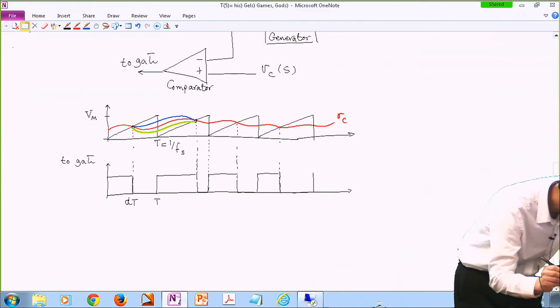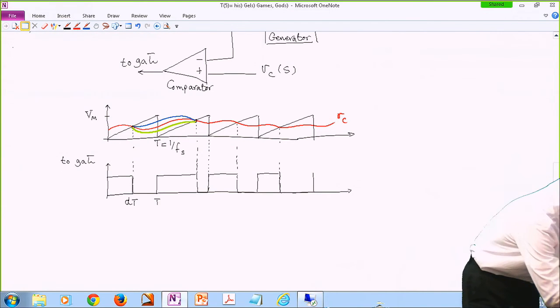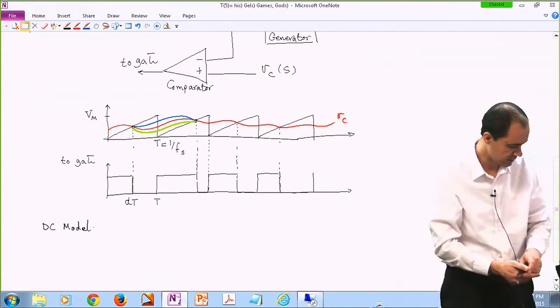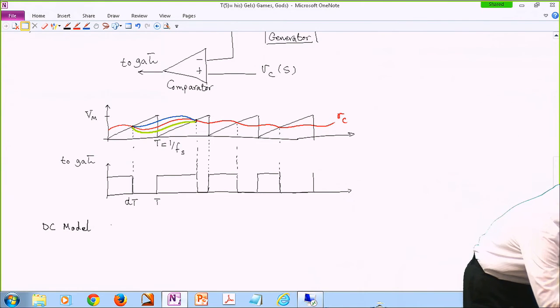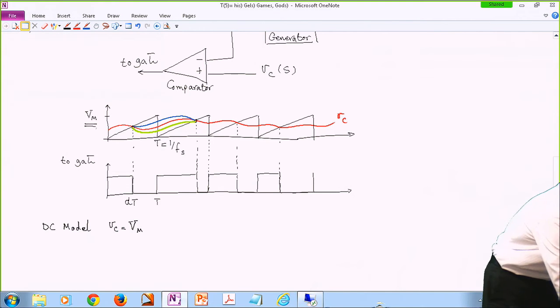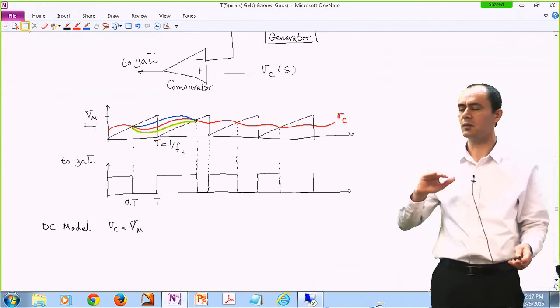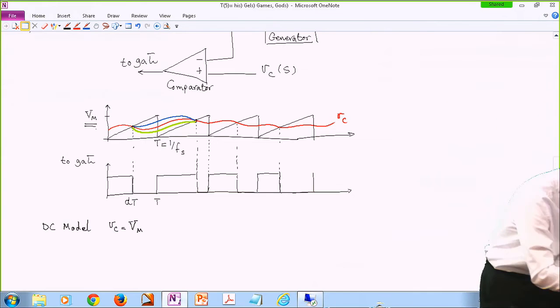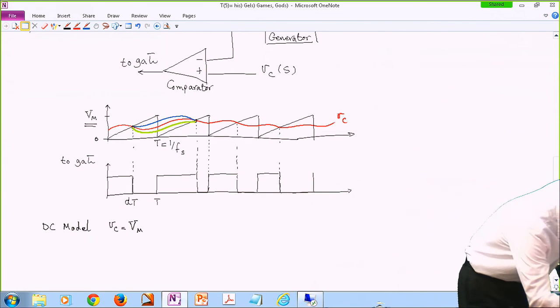All right, so I'm just going to do a small signal model. Remember, when we do small signal modeling, first we do a DC analysis or steady state analysis. Technically, if my control signal is as high as Vm, remember Vm is the peak value of my triangular waveform, then my duty cycle is always going to be 1.